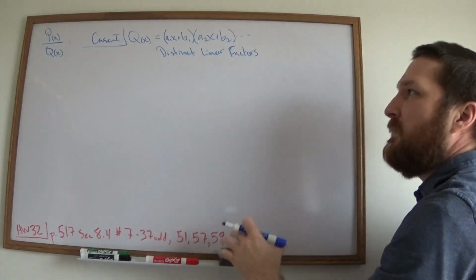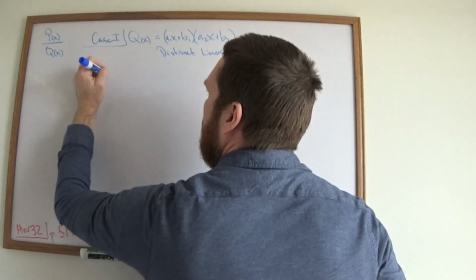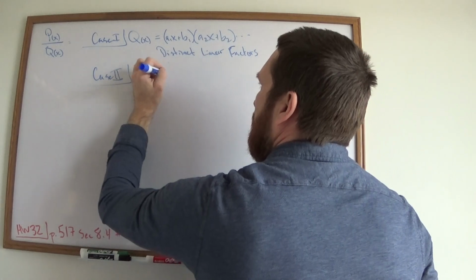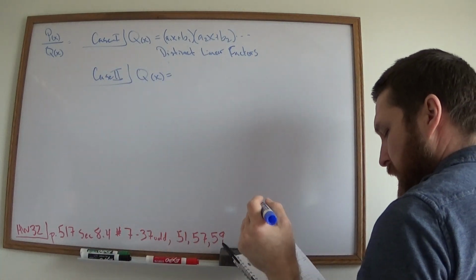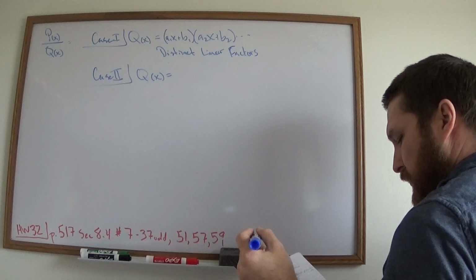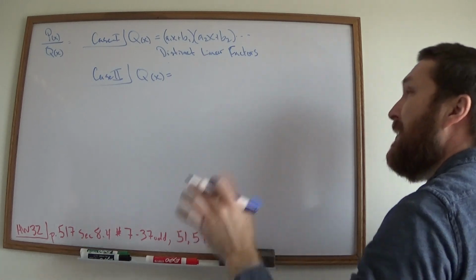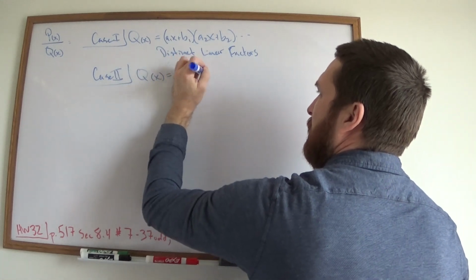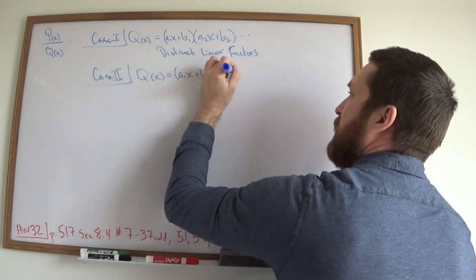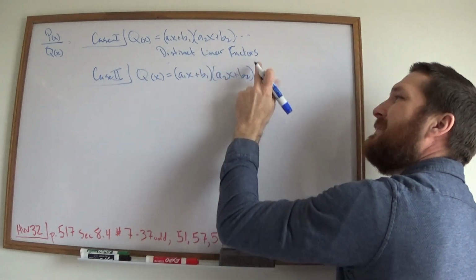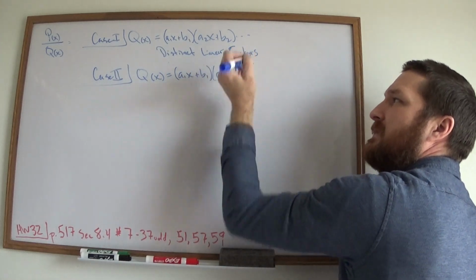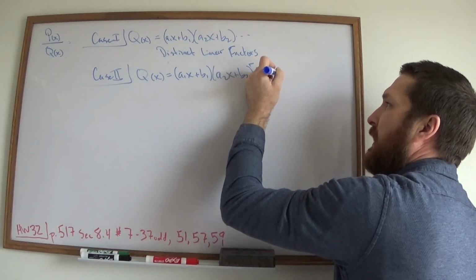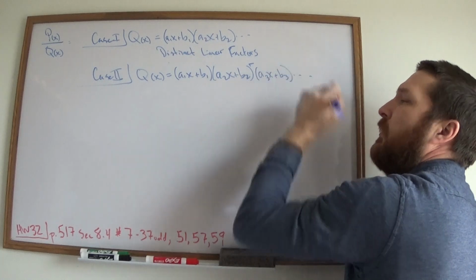So that's one scenario. Case 2. Again, we're going to do examples of all of these. Q factors into linear factors, but some of which are repeated. So what that might look like is you have something like this, and then you have an a2x plus b2, but that's raised to some power. So they're repeated. And then you have an a3x plus b3 and so on.